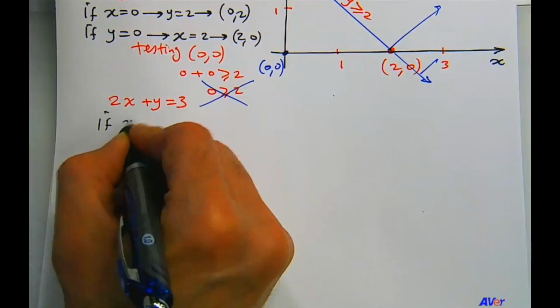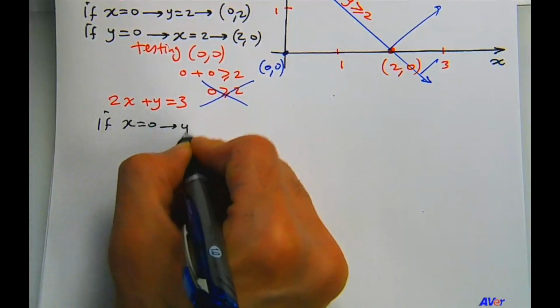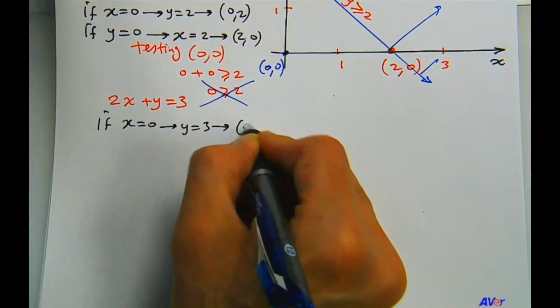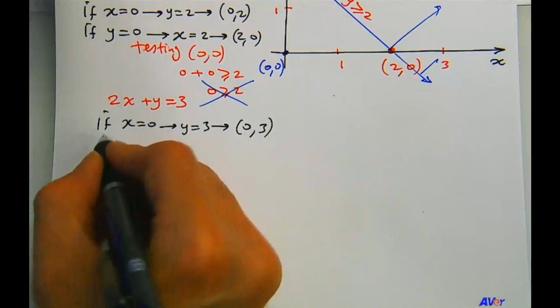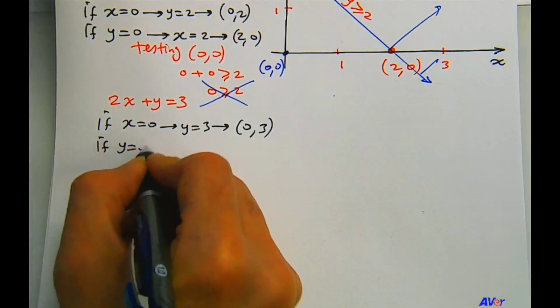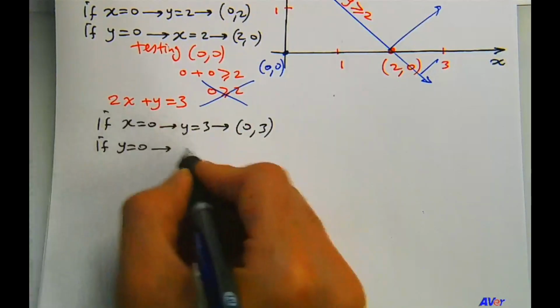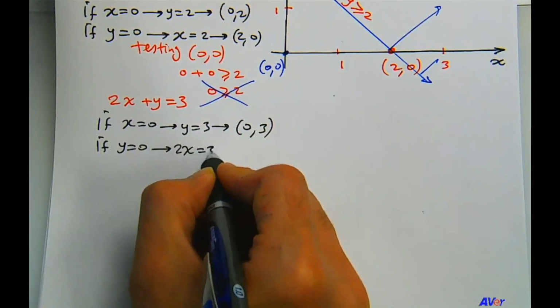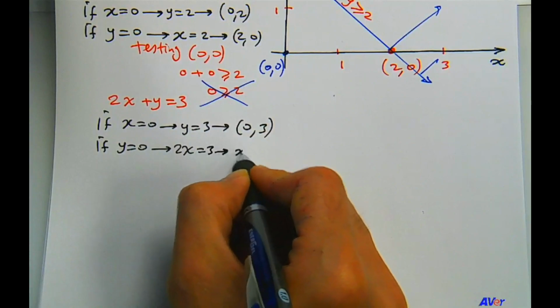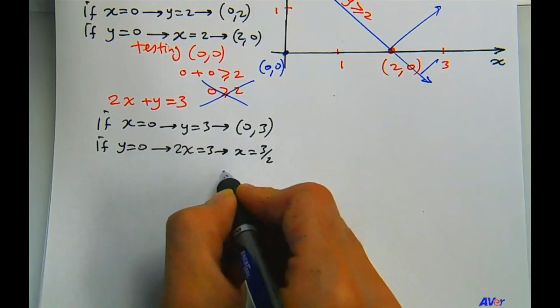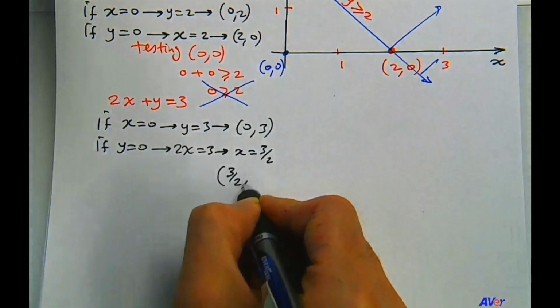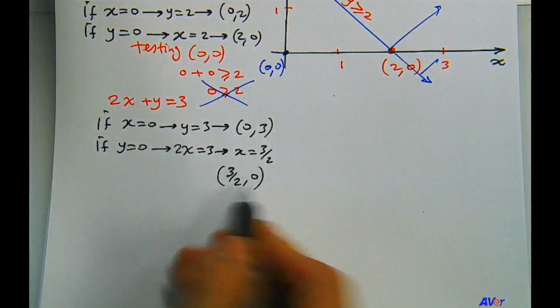So if x equals 0, then y equals 3. So (0, 3) is the intercept. If y equals 0, then we have 2x equals 3, which means x equals 3/2, which means (3/2, 0) is the x-intercept.